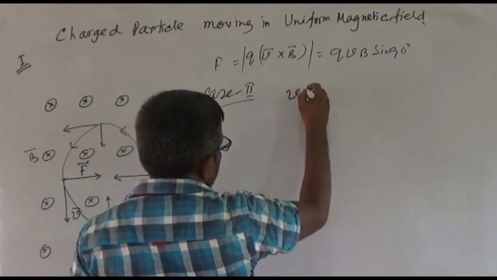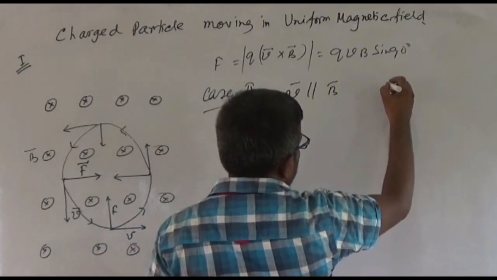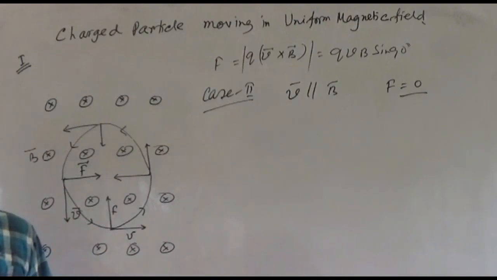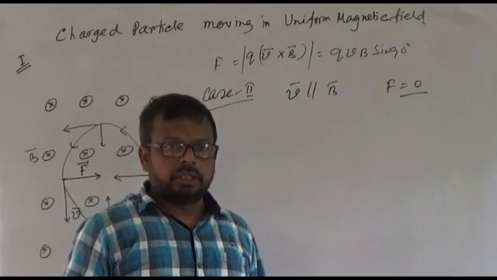Case 2: if V is parallel or anti-parallel to B, then the force experienced by the charged particle is 0. Right? That means it will travel with uniform velocity.